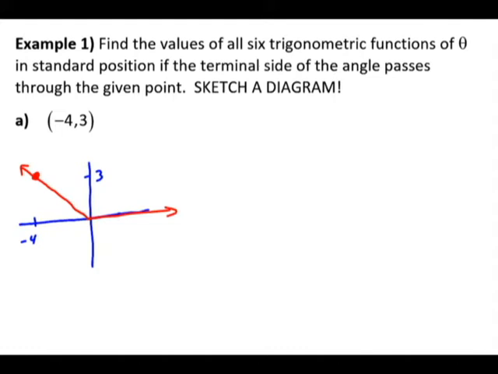and now we draw a perpendicular to the x-axis. This is a length of 3, this is a length of 4, but this is going to give us our right triangle, so we can find r.